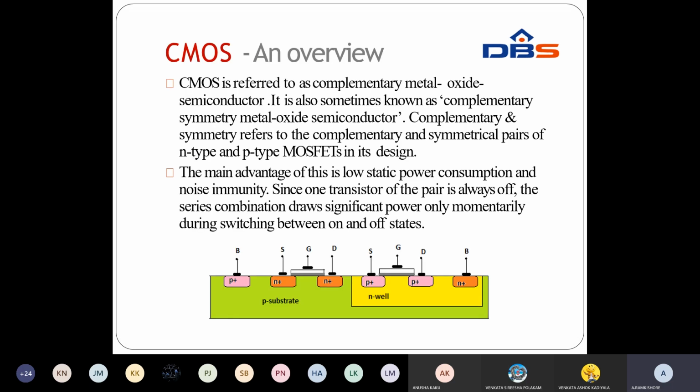Before going to CMOS, we have to learn what a system design is. System design is the process of implementing a desired functionality by using a set of physical components available in the industry.